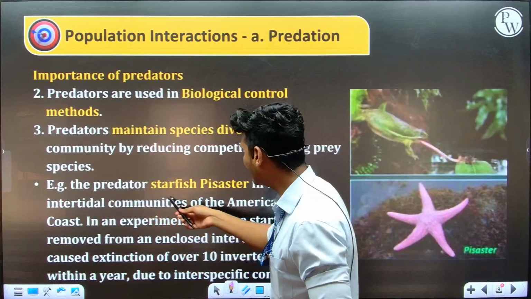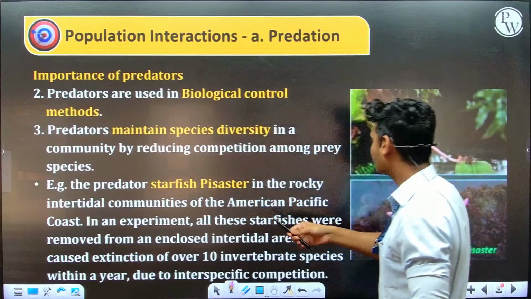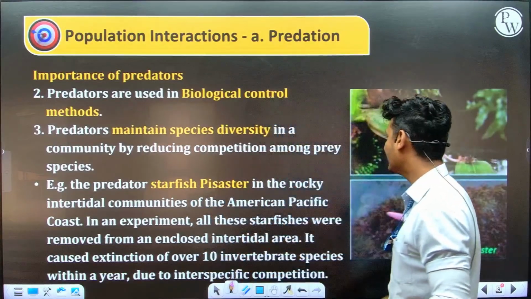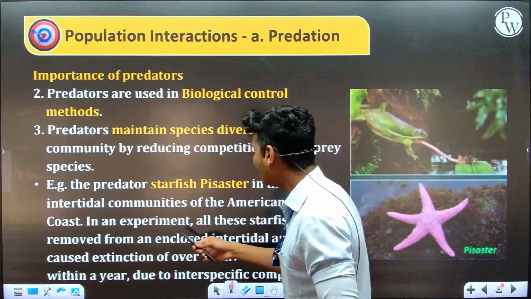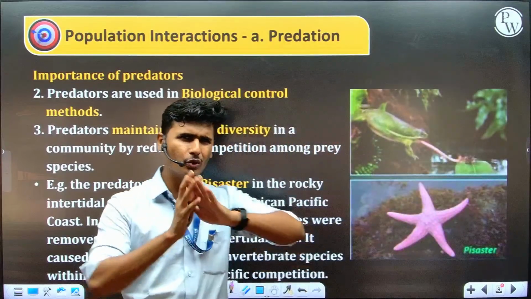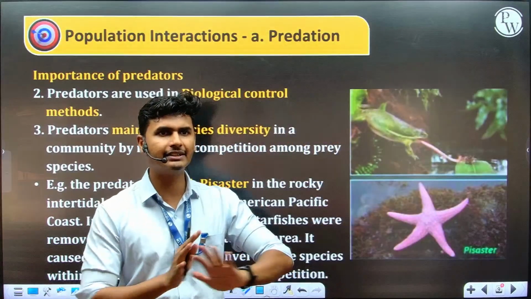Example, predator starfish Pisaster in rocky intertidal communities of the American Pacific coast. In an experiment, they removed all the starfish. That is, the predator was removed.